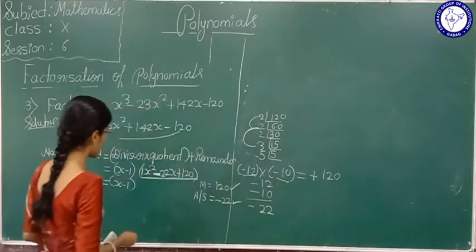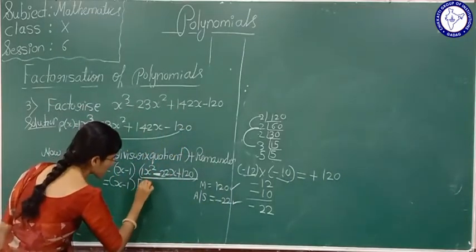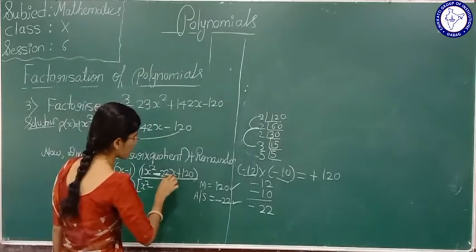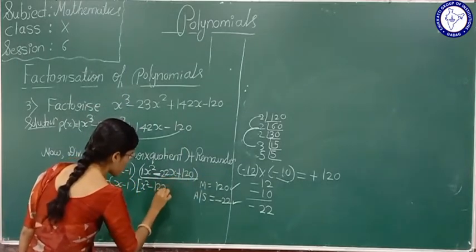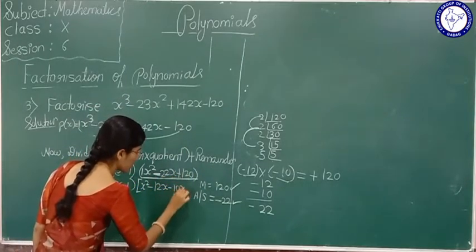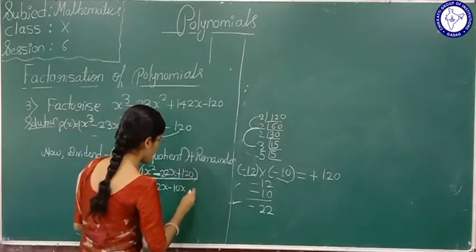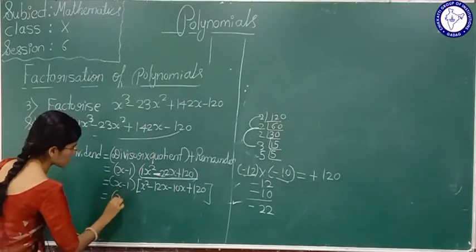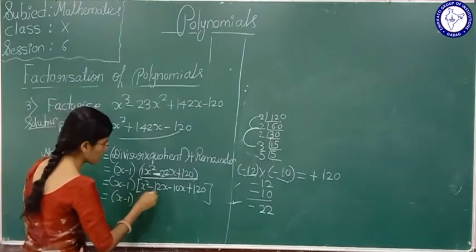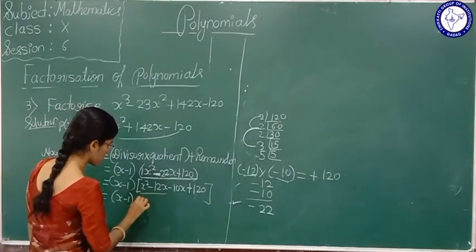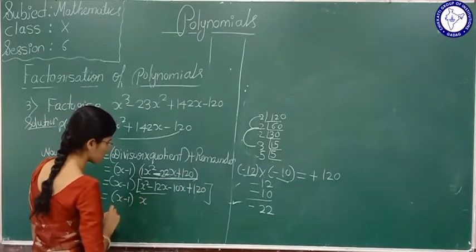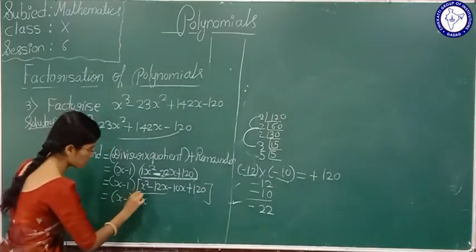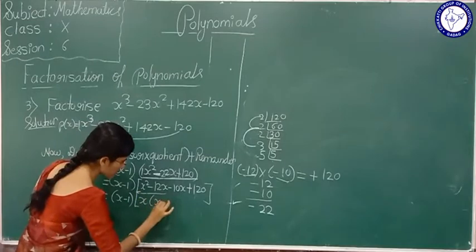So what can we write here? x square minus, in place of 22x, minus 12x minus 10x plus 120. Okay, x minus 1. Here what is common? x is common, right? What is remaining? x minus 12.